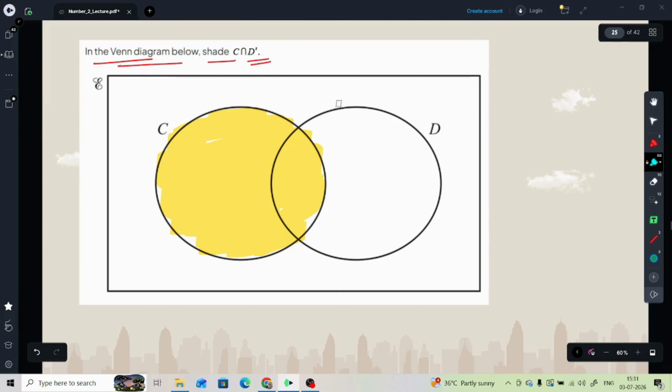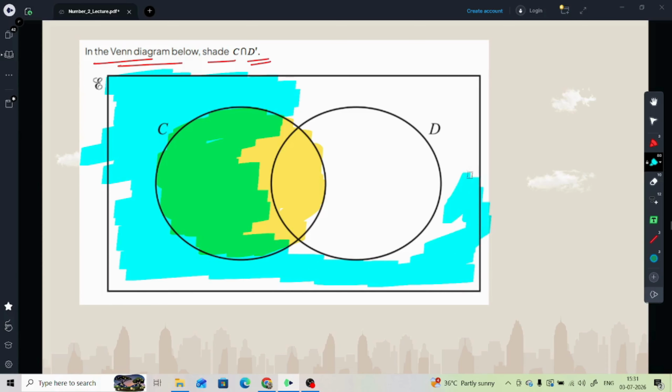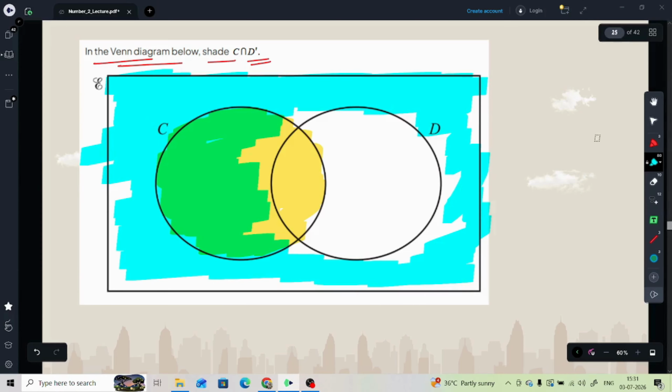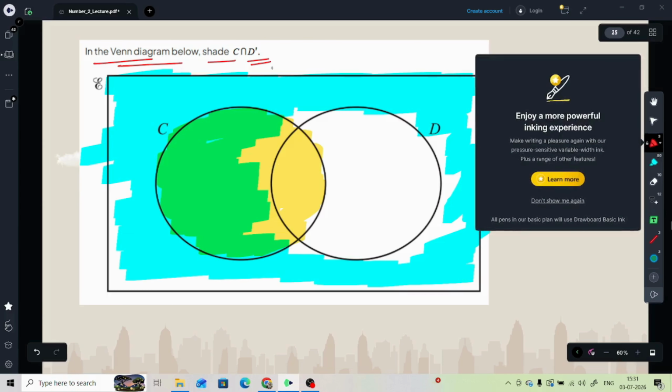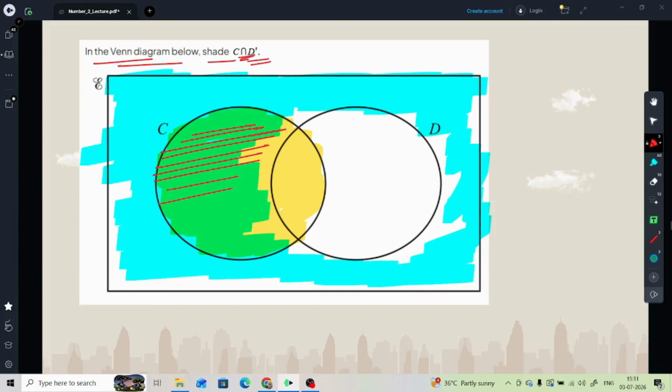So D complement will be everything leaving D. So this region. So what is the common region between both of them? The common region between both of them is basically this region only, which I'm marking as red. That's our answer. Very simple question, and questions like this only come in exam. So don't worry about anything.